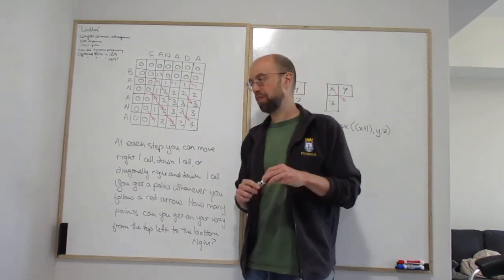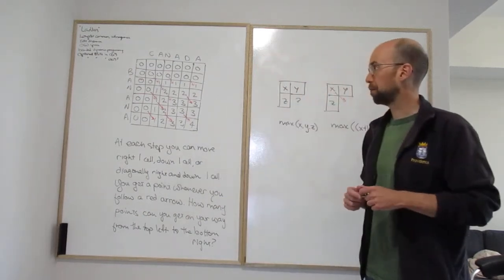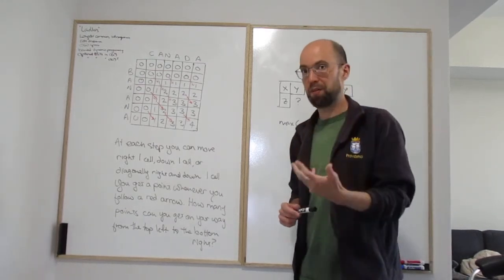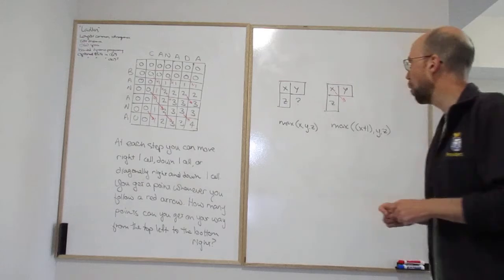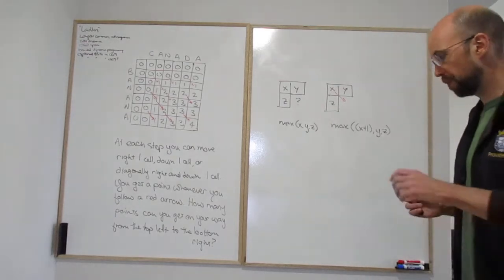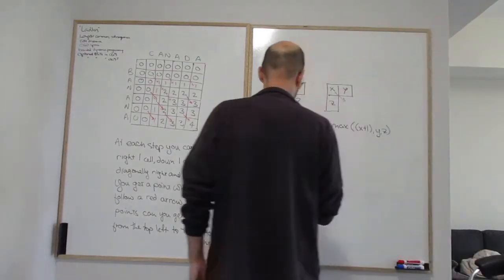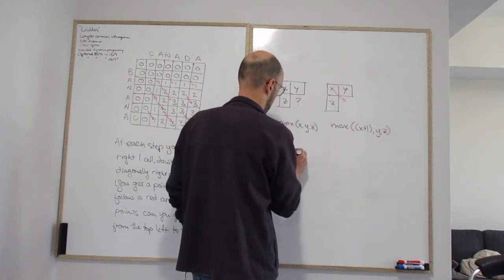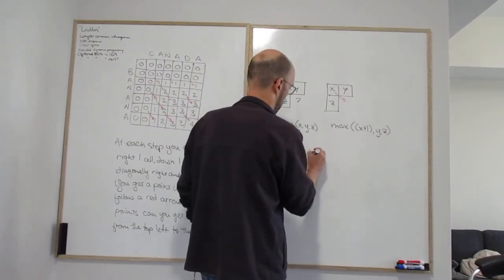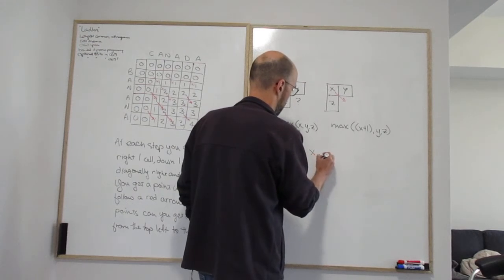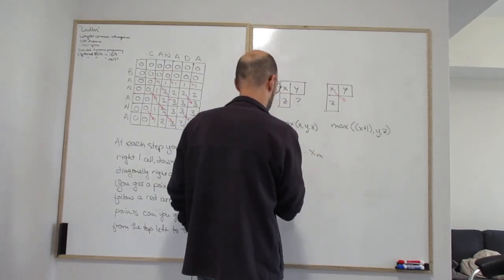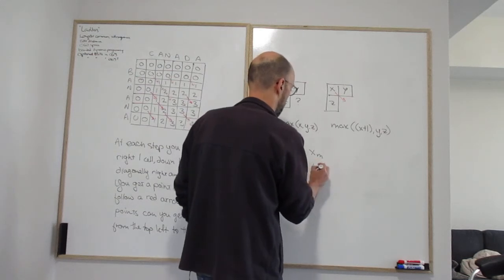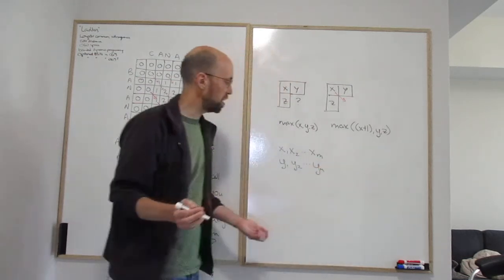Longest common subsequence is a bit trickier, but it's the same problem, okay? Why? Well, let's suppose we have some string x1, x2, ... xm, and we have some string y1, y2, ... yn, it can be a different length.